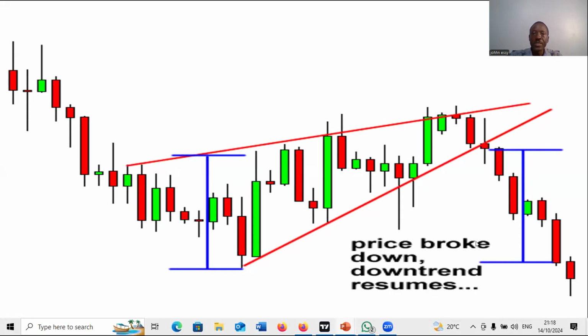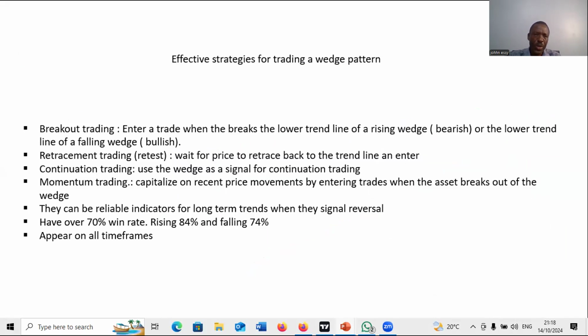What are some of the trading strategies that we use in trading a wedge pattern? We have about 5, and these strategies all resemble what we have been doing on the flag pattern, the flag wedge pattern.